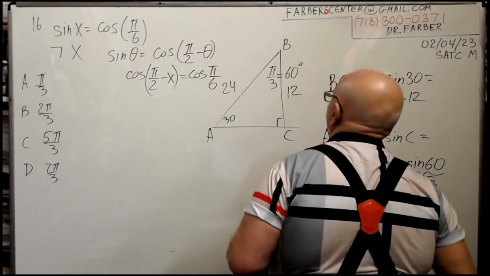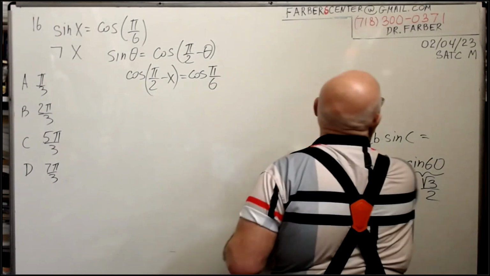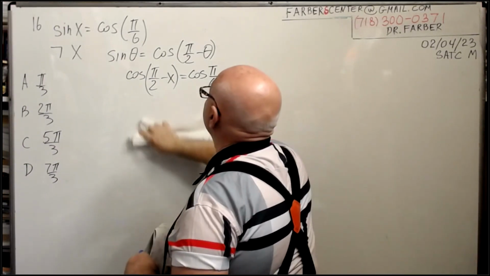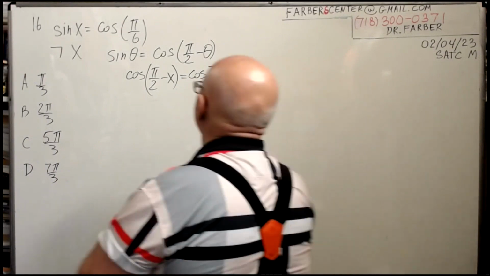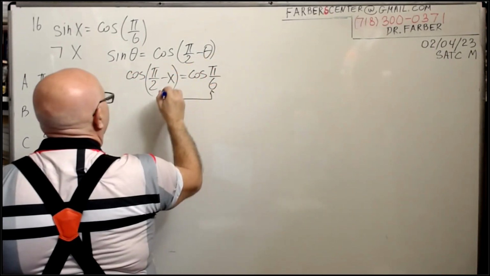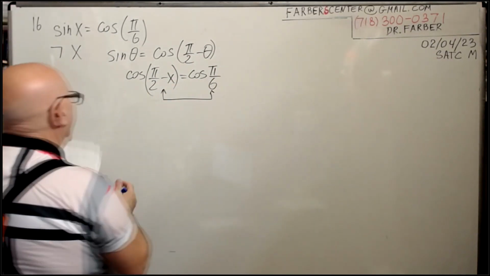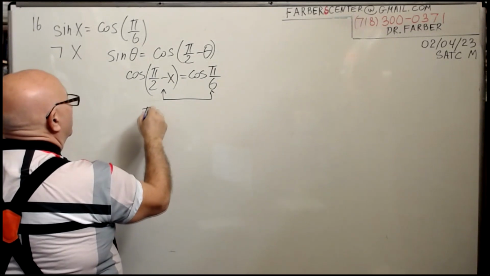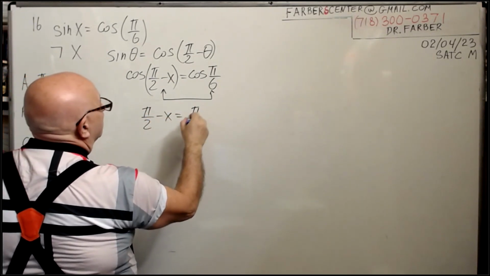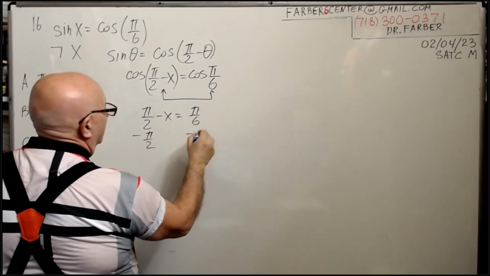If they equal, the arguments also equal, right? You can make assumption this and this equal to each other. I use beautiful property of cofunction. And pi over 2 minus x equals to pi over 6. Minus pi over 2 and minus pi over 2.